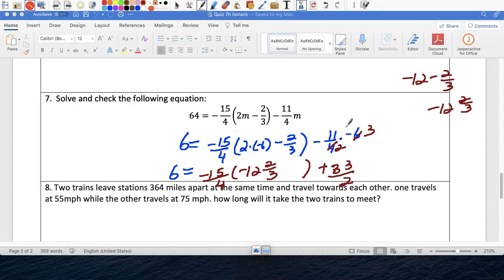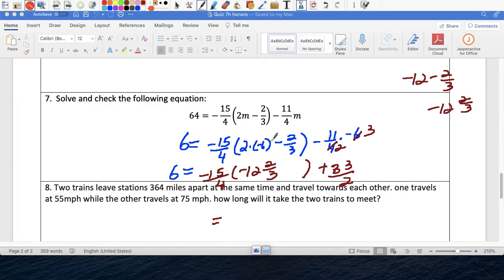So let's multiply that and see what I get. On my calculator, negative 15 over 4 times negative 12 and 2/3. That's going to give me a very ugly number, 47 and a half. Okay, stop.